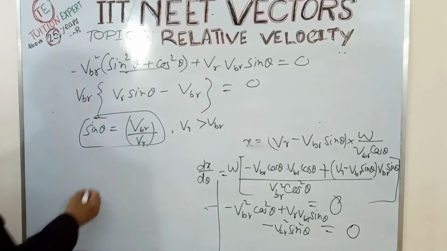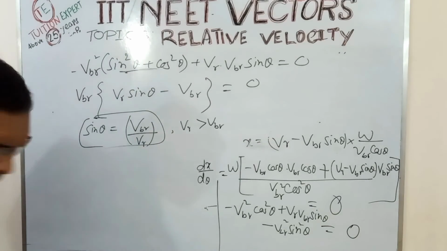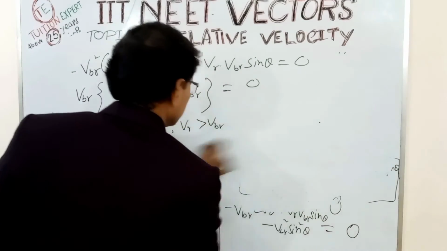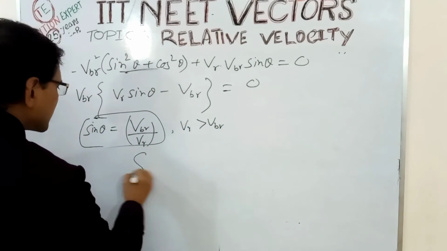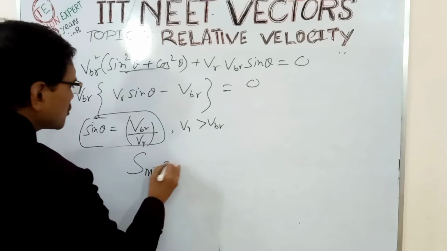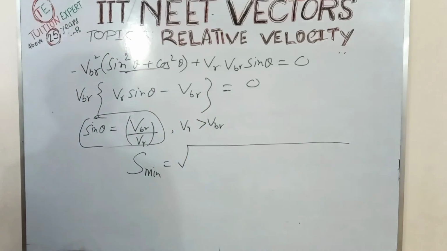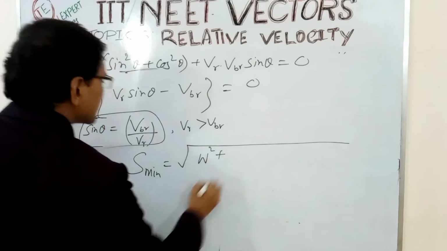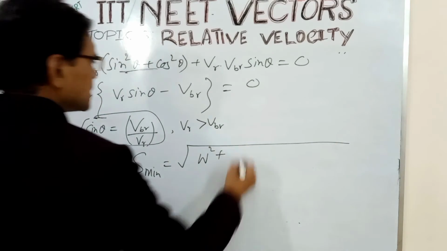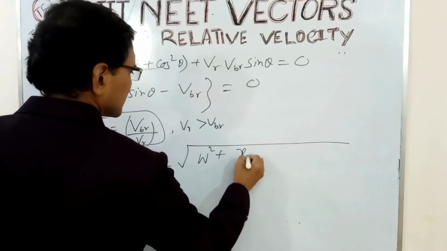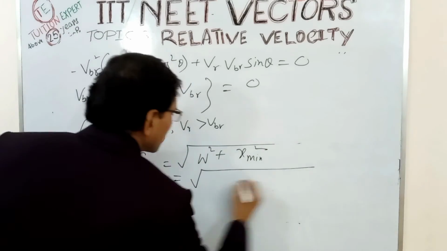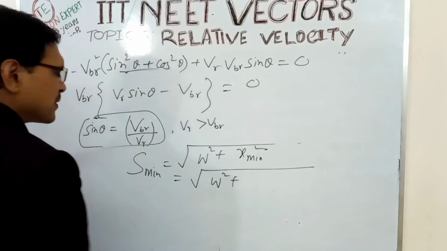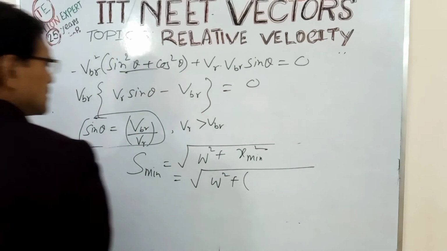Now what is the minimum path? S minimum equal to root over w square plus x minimum square. x minimum equals velocity into time.